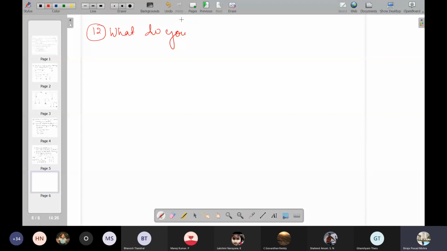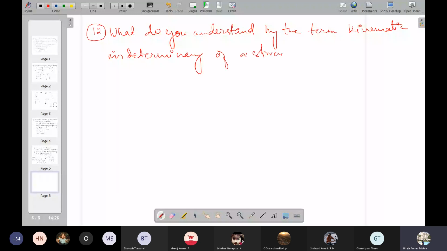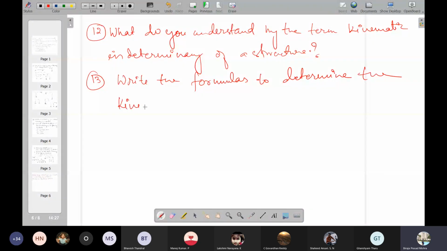Okay. Question number 13. Write the formulas to determine the kinematic indeterminacy of the following structure in 2D and 3D.